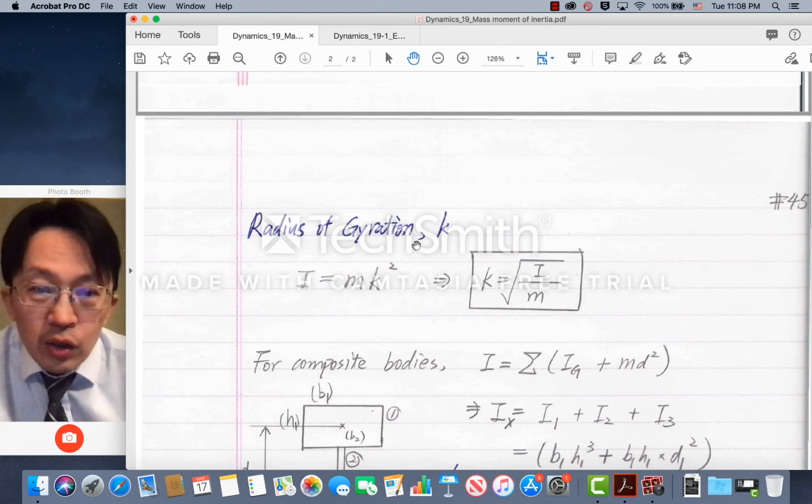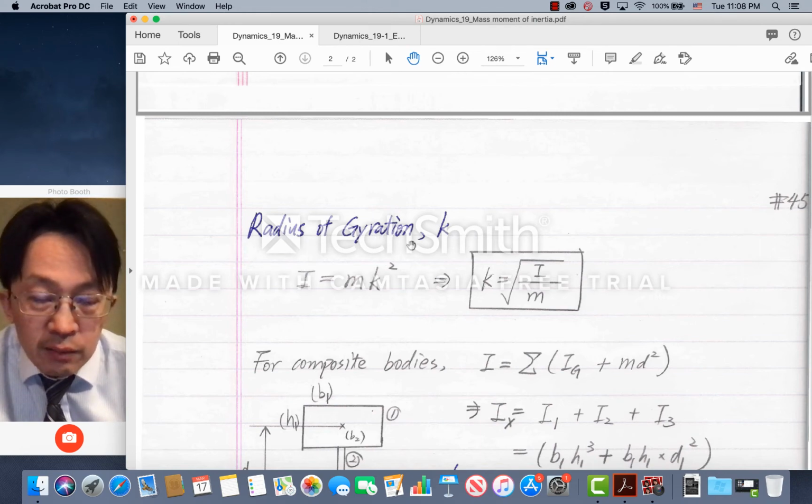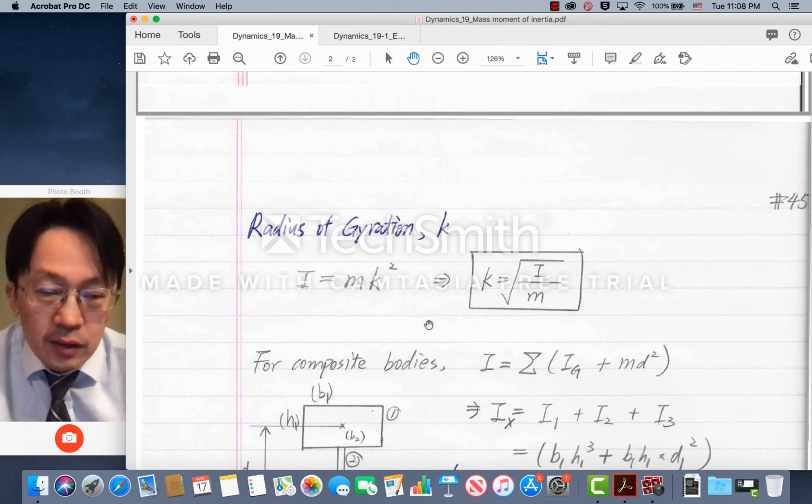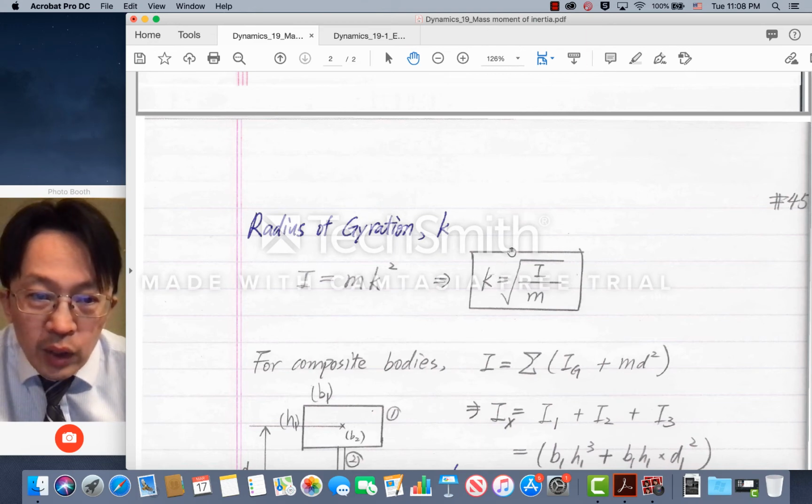If you are provided with kx and ky, you have to know that by using kx, you are finding Ix. If you are provided with ky, it is the value of Iy that you are finding. Mathematically, certainly we know that radius of gyration denoted by regular k equals the square root of mass moment of inertia divided by total mass.